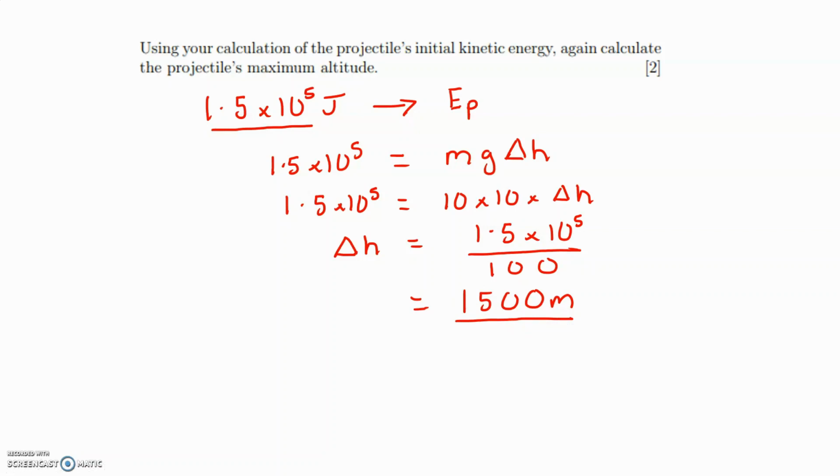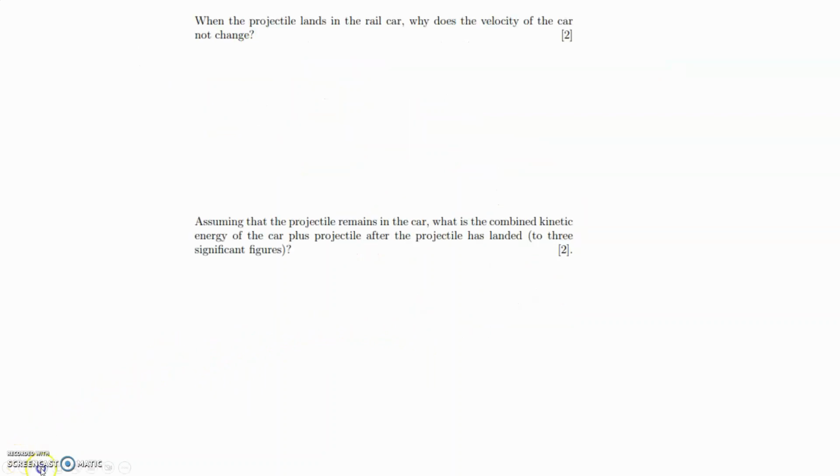So you could either do this by, as you've seen in the question, using Suvat, or by considering the change in energy. They both give the same answer.